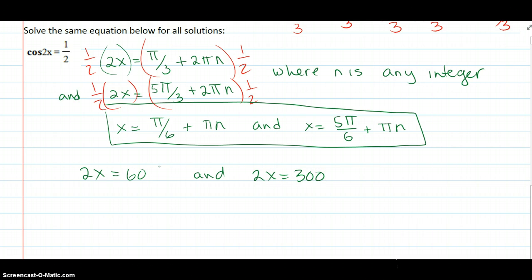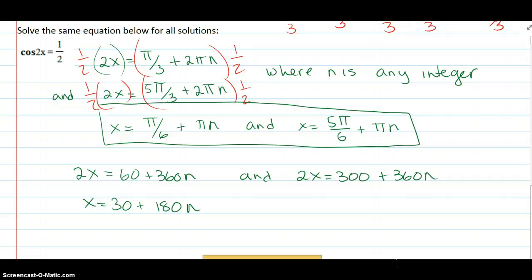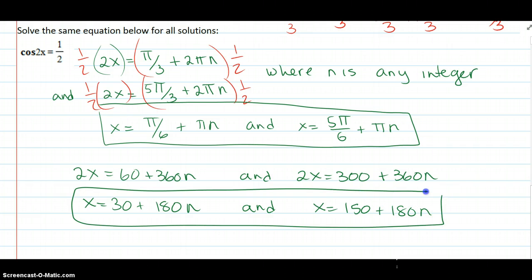So we're going to add a 360n to both. Add 360n, add 360n, and then divide everything by 2, or multiply by 1/2, whatever you would rather. That is the same answer as this, 30 plus 180n, and the second answer is x equals 150 plus 180n. So if they ask for it in terms of degrees, that's what it would be there.